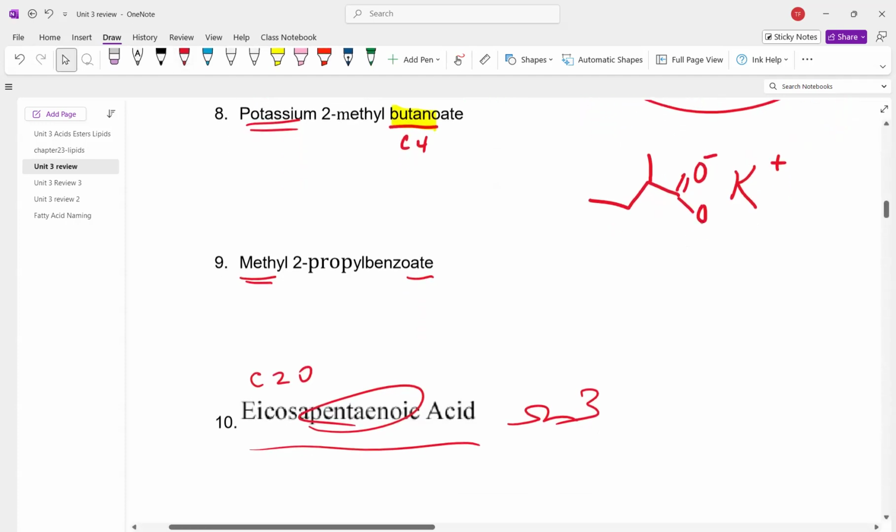Okay. Number 9. That means it's a salt or ester, but it starts with methyl, so that means it's going to be an ester.